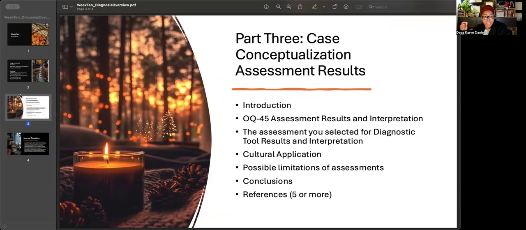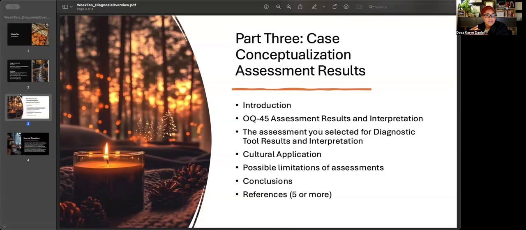This is a great time to talk about clinical implications as the overlap. So for instance, if I did the OQ45 and then I also did Beck's anxiety inventory scale, then I would expect to see anxiety peak or not across both scales. So you just want to talk about that.